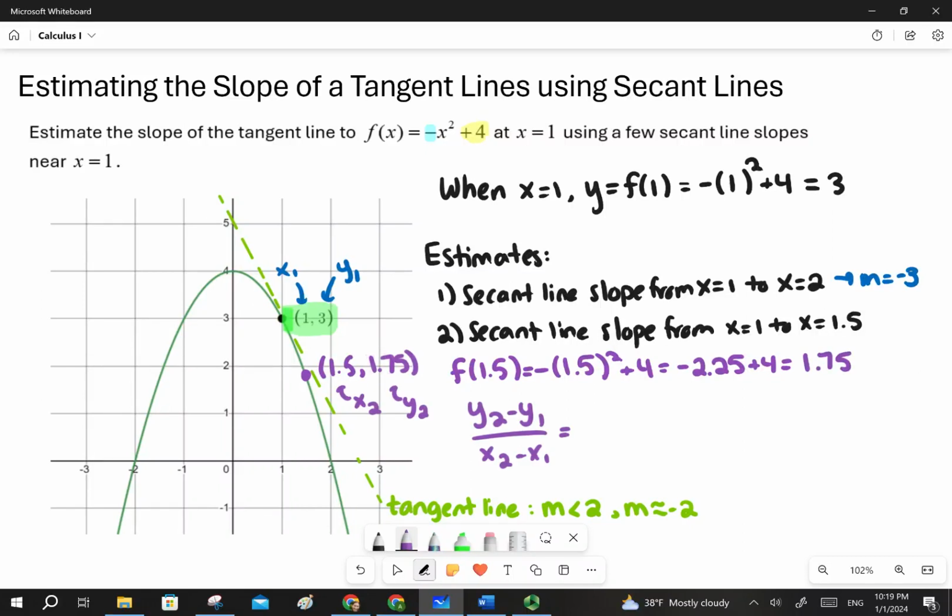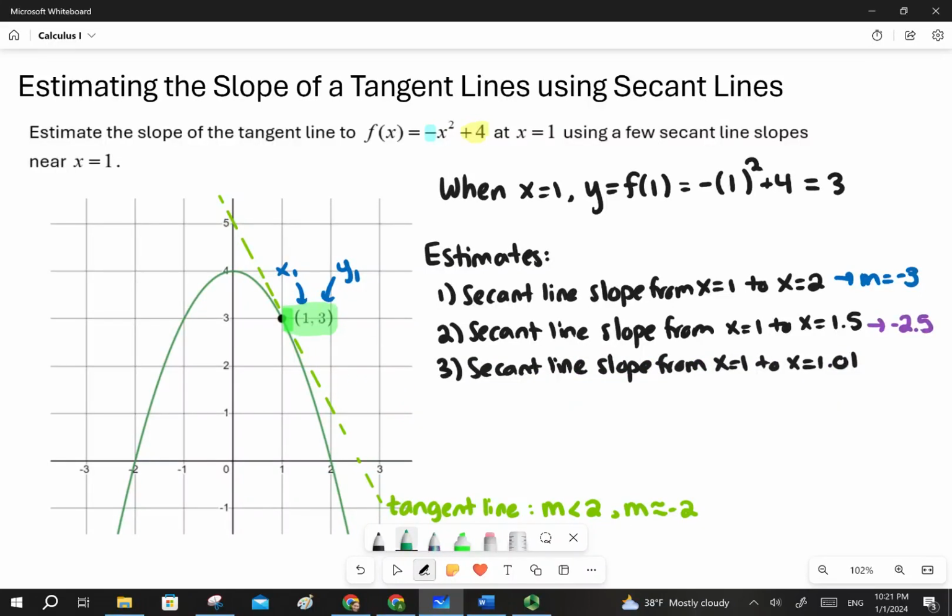So the slope of this secant line is 1.75 minus 3 over 1.5 minus 1, which equals negative 1.25 over 0.5, which equals negative 2.5.